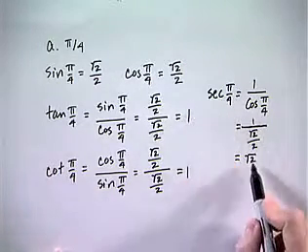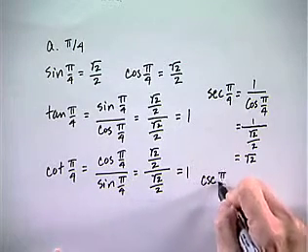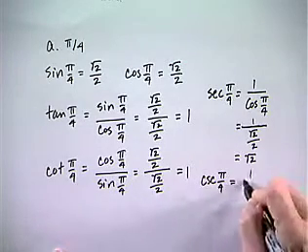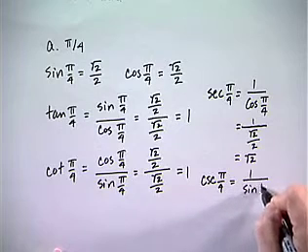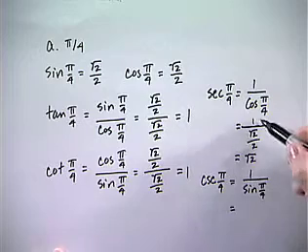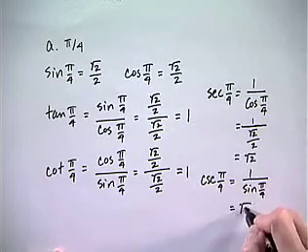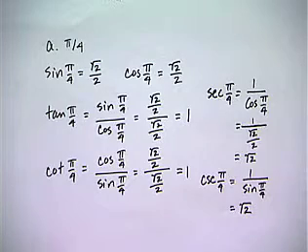So secant of pi over 4 is square root 2. And finally, cosecant of pi over 4 is 1 over the sine of pi over 4, which, as we did here, is 1 over square root 2 over 2, or exactly square root 2. Let's try all this again for a different angle.